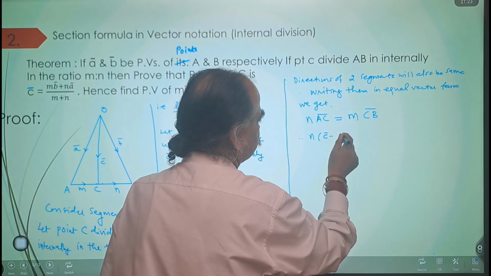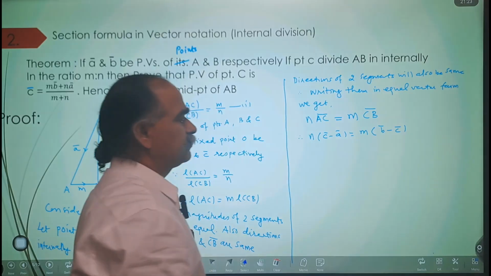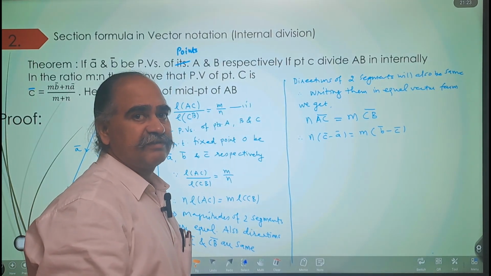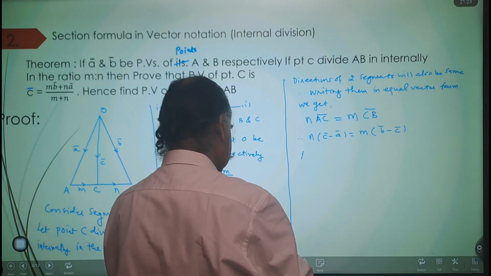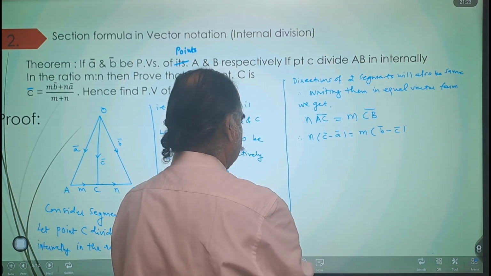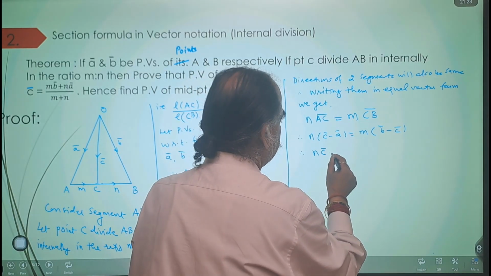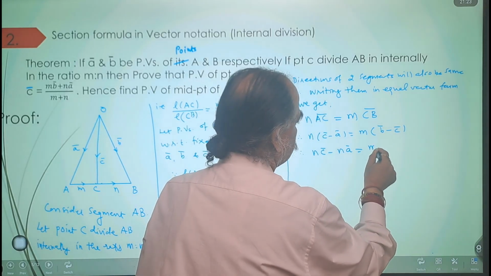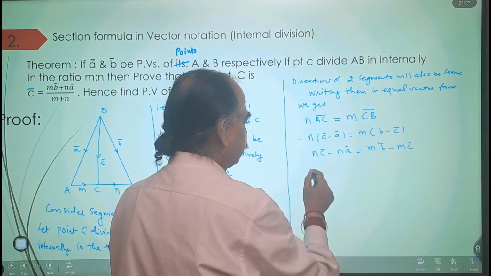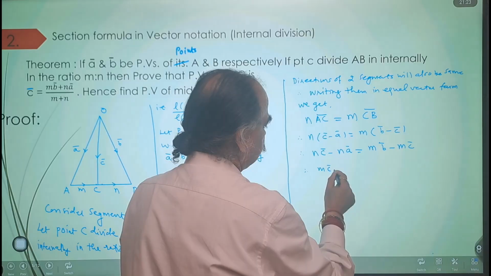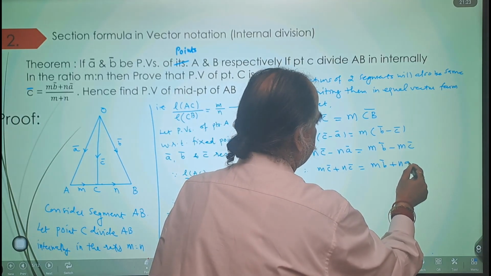AC bar is same as C bar minus A bar. CB bar is B bar minus C bar. That is position vector of terminal point minus position vector of initial point. Therefore, n times C bar minus n times A bar is equal to m times B bar minus m times C bar. C bar being on one side, so m C bar plus n C bar is equal to m B bar plus n A bar. Transfer A bar on that side.